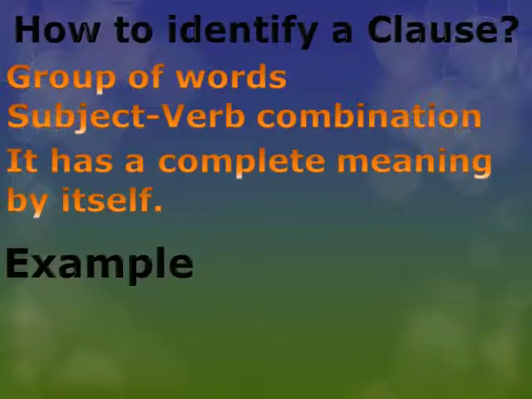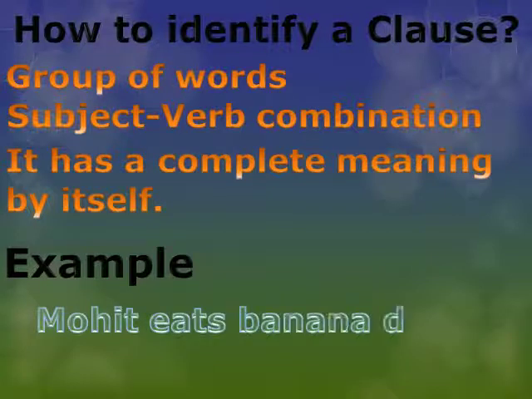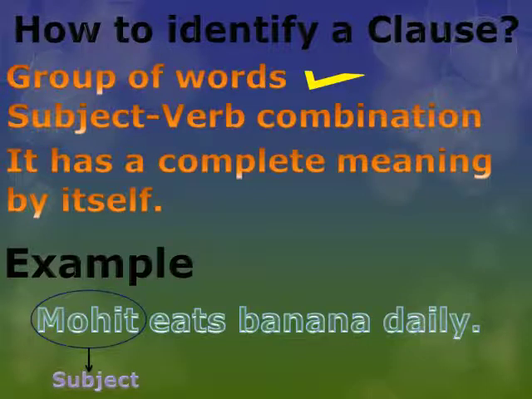Now let's take an example. Mohit eats banana daily. Now in this example, we can clearly see that it is a group of words. Then the second thing which we see is that Mohit is a subject. Eats is a verb.